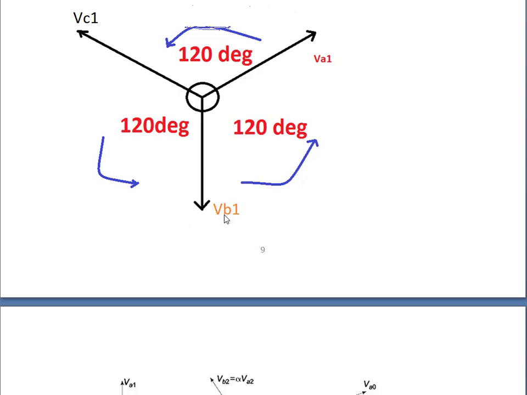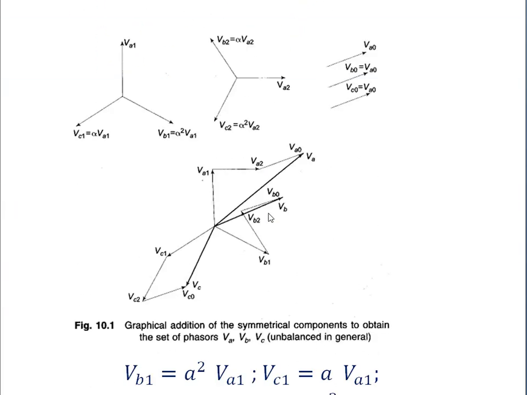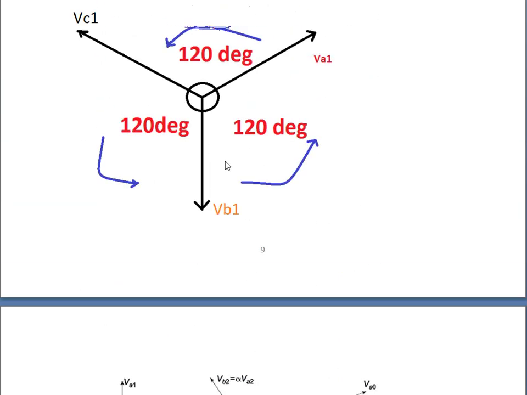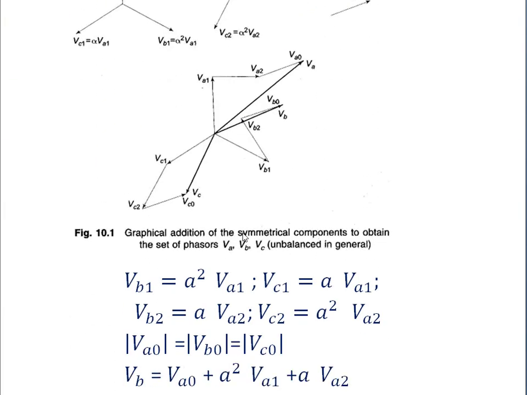So to represent VB1 in terms of reference phase A, that is VA1, we write VB1 is equal to A square VA1. From here to here, A. Here to here, it is A. Means A into A, A square. The reference vector is VA1. So VB1 is equal to A square VA1.